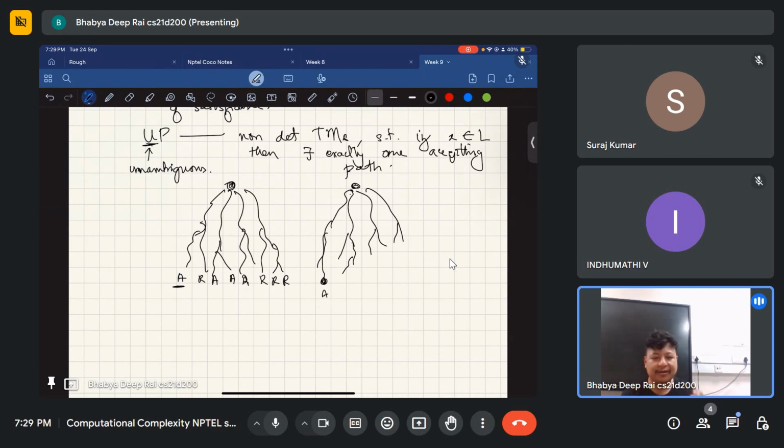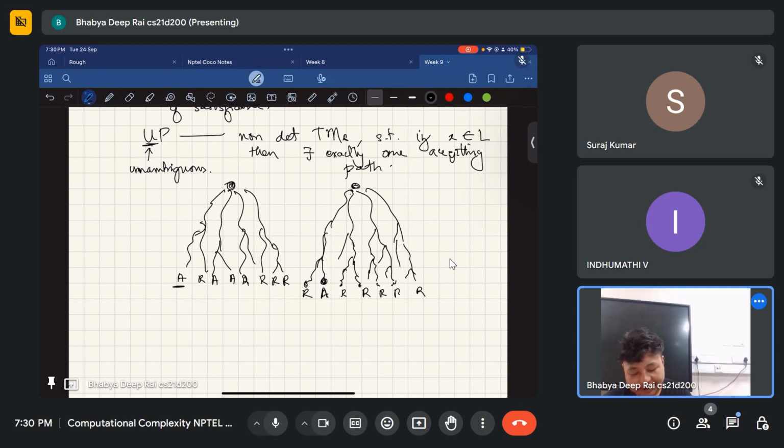And this is not a syntactic model, this is a semantic model because this restriction is imposed on the Turing machine. Given a Turing machine, we cannot tell directly whether it is unambiguous or not. If it belongs to the language, there exists exactly one accepting path, and otherwise it rejects.